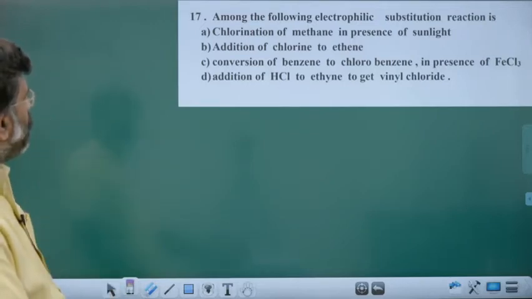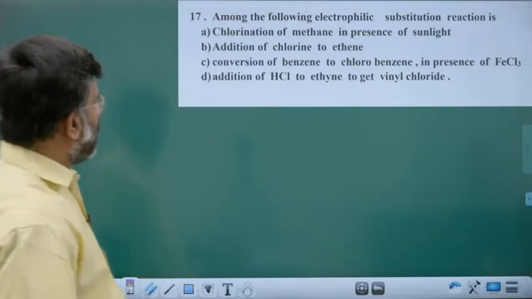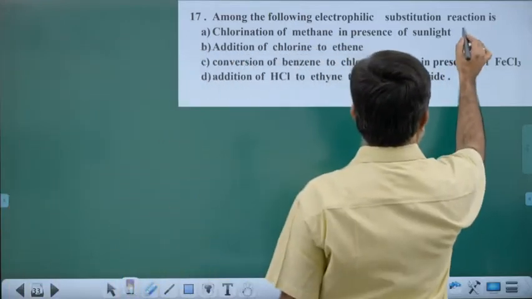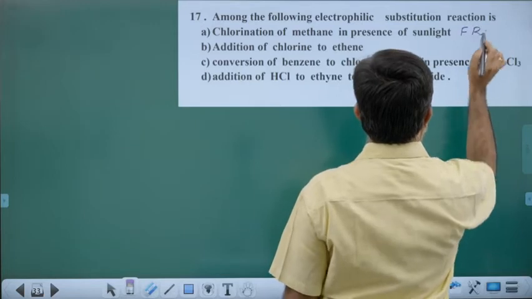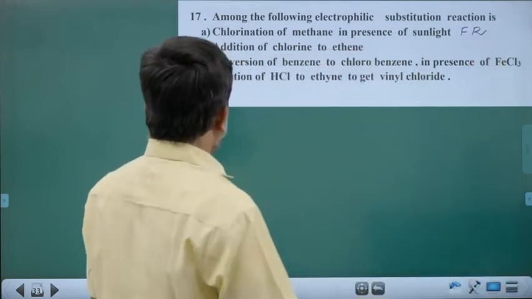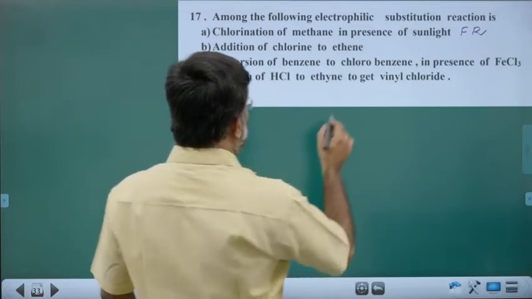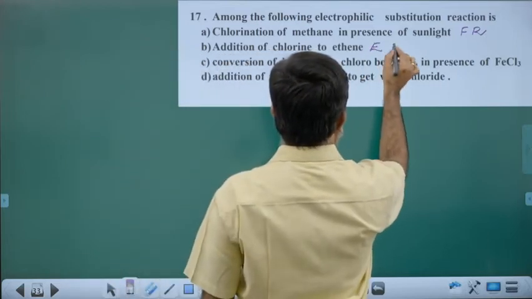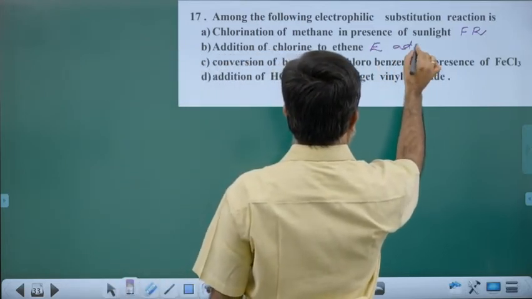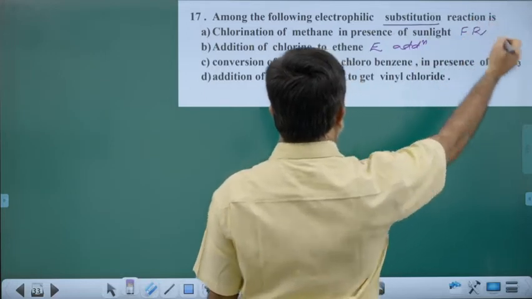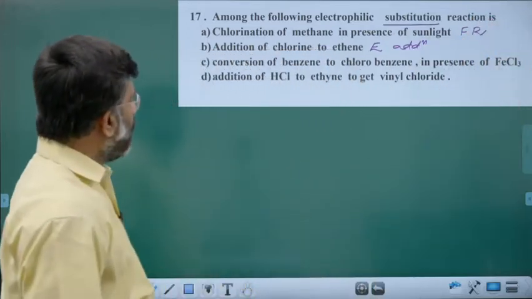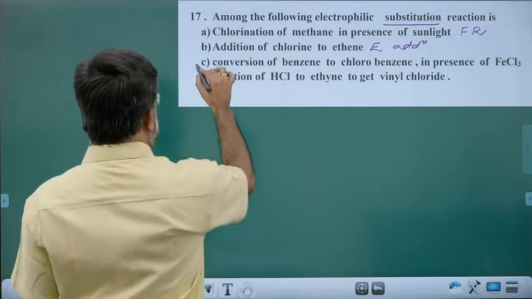Chlorination of methane, that is free radical substitution. Addition of chlorine to ethene, that is electrophilic addition. I want electrophilic substitution.